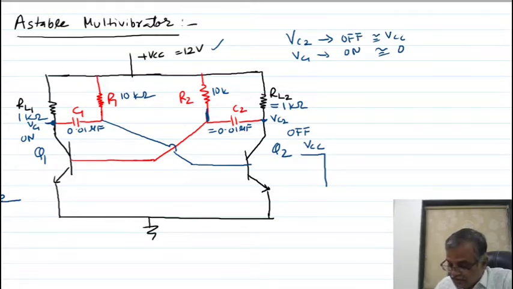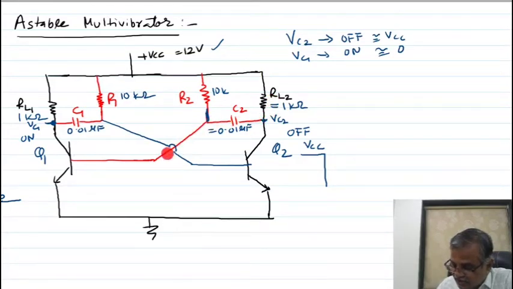Now, as Q1 is in the on condition, the voltage between base and emitter of Q1 is very low. Q2 is in the off condition, so its voltage is very high. This is your 12 volt, nearly 12 volt. If you have given 12, it is 12. If you have given 10, it is 10 volt, or nearly VCC. Due to this reason, these capacitors start charging by this path.